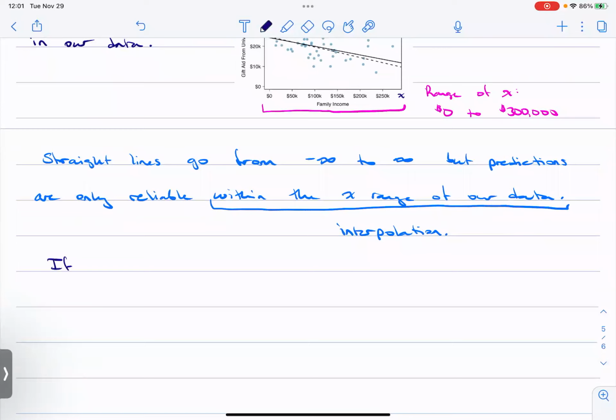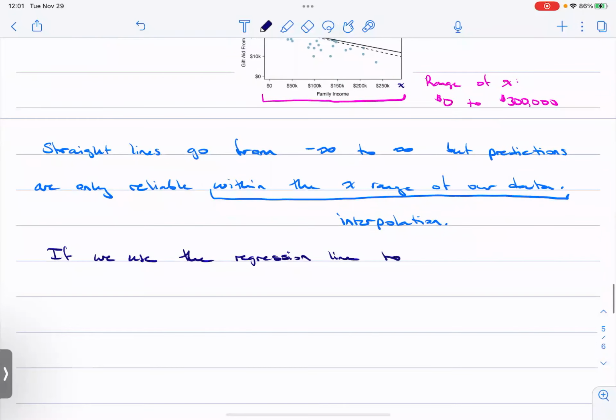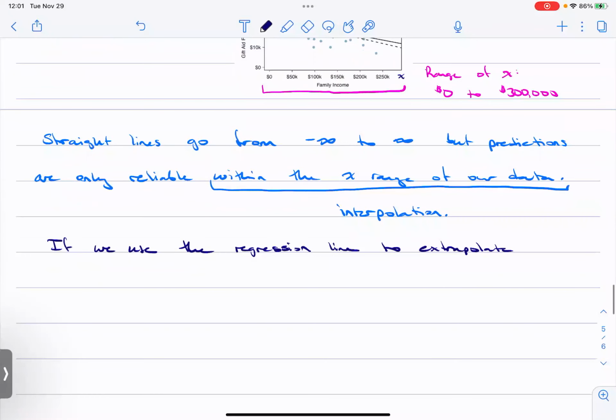If we use the regression line to summarize what we were just saying, to extrapolate the predicted value of y, it might still be our best prediction, but it's an unreliable prediction.